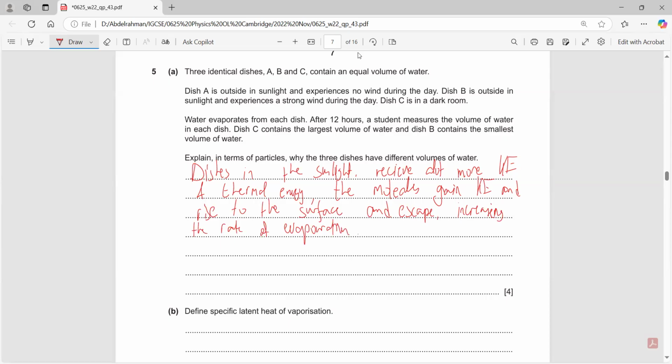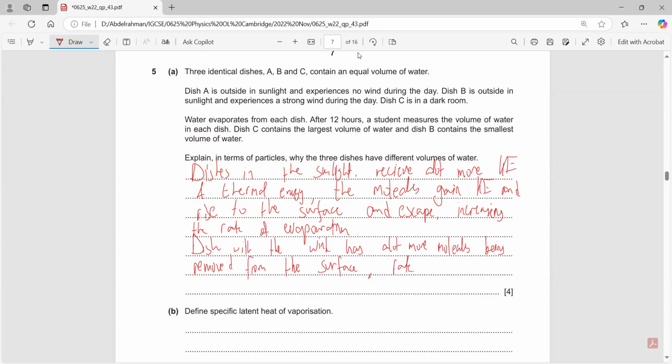What about the dish which is in the sun and has a lot of wind? You'd say that the dish with the wind has a lot more molecules being removed from the surface, and thus what happens to the rate of evaporation?